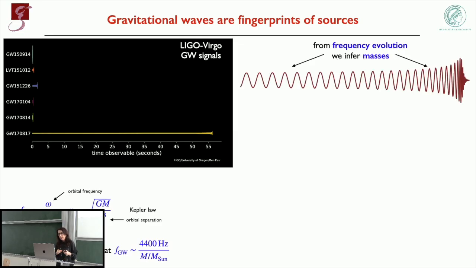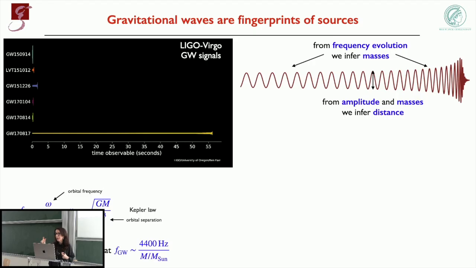So another reason to care about the waveform shape and the predictions of the waveform is not only for detection with matched filtering, but to extract the parameters. Because I told you that the waveforms are not much modified by whatever they encounter once they are emitted. So all the information is actually in the waveform. So for example, from the frequency evolution, we can extract the masses.